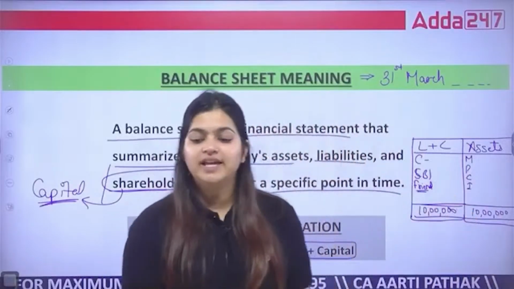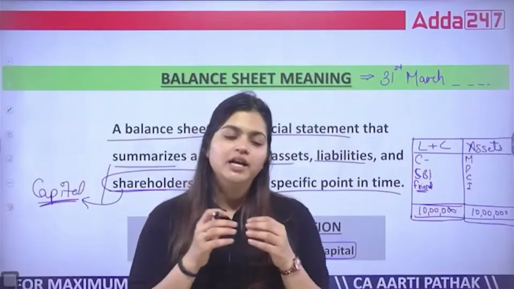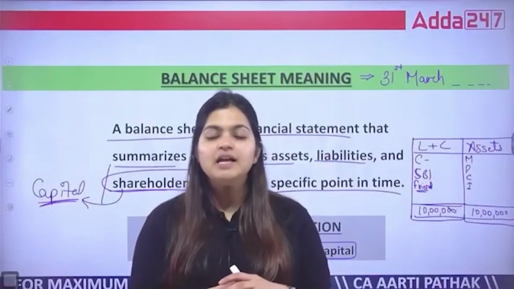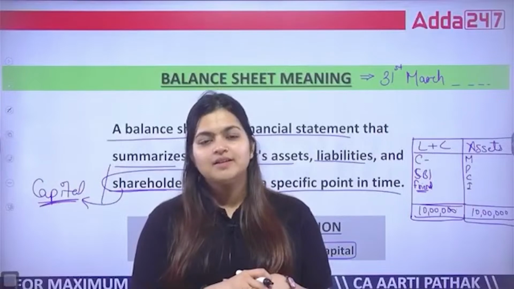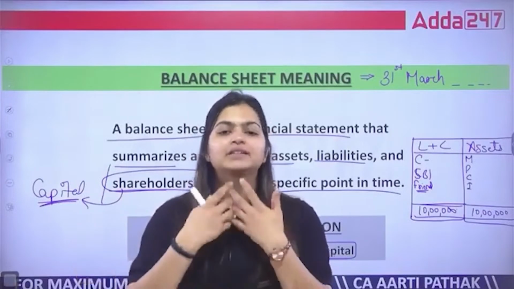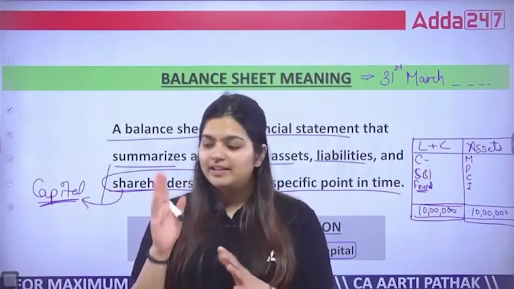Then only you can say that whatever books you have prepared, whatever journal, ledgers, trial balance you have prepared, you have made accurately. Because initially in your module A you have seen that accounting is what? Dual aspect, debit, credit.